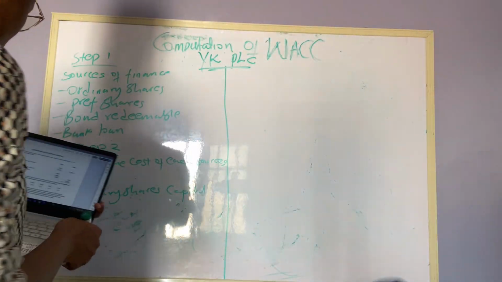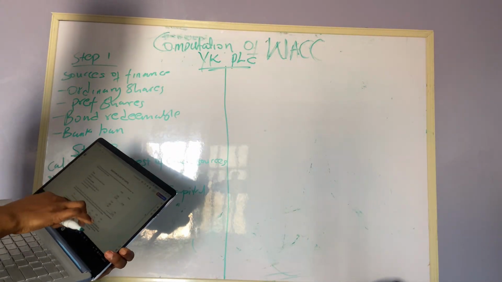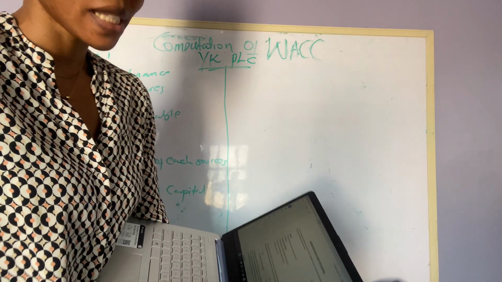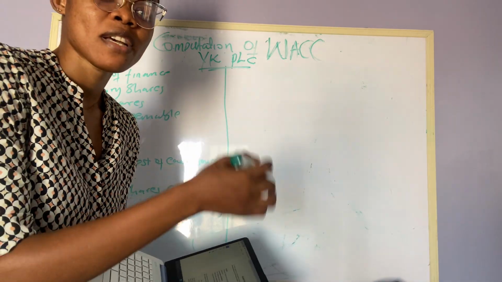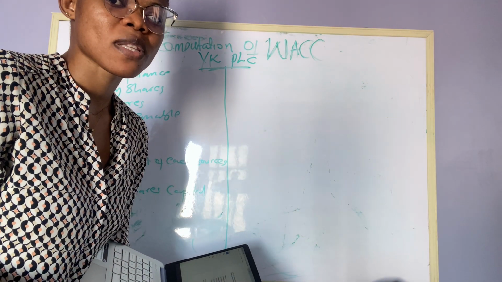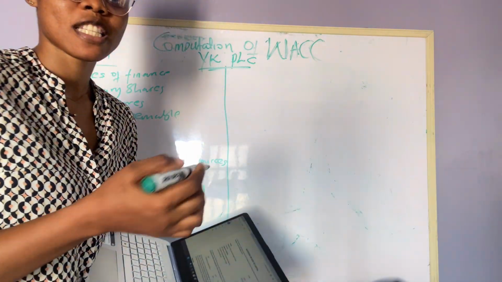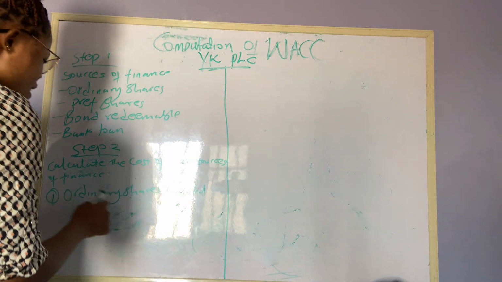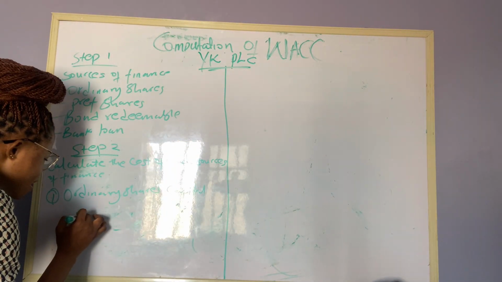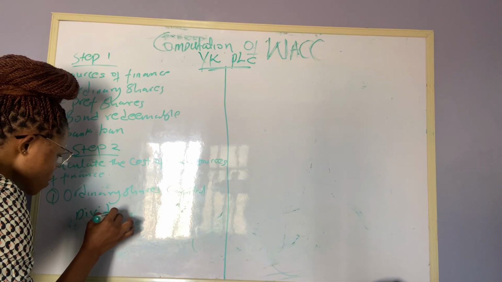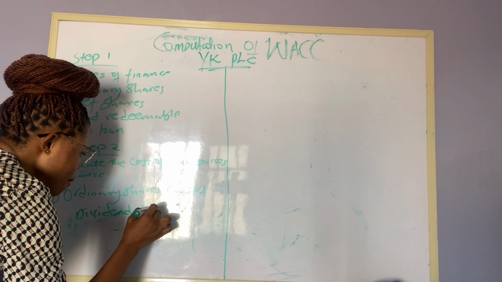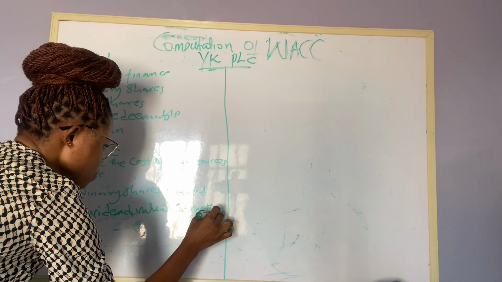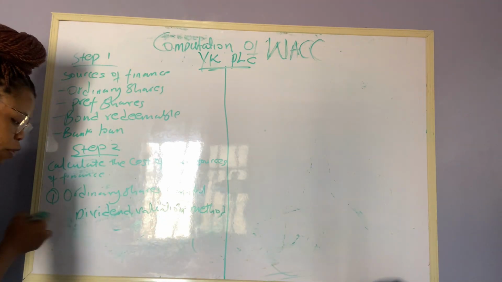Okay, so the next thing we want to do is to say that dividend is growing. Remember, we said when we are using the dividend valuation method, is it that dividend is growing or dividend is not growing? So in this case, dividend is growing. So ordinary share capital, dividend valuation method, growing dividends.